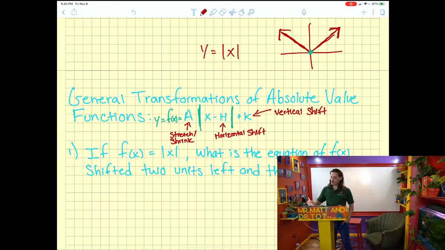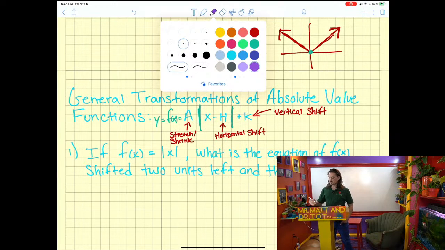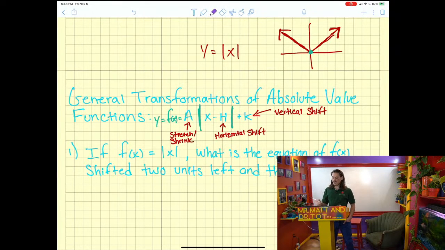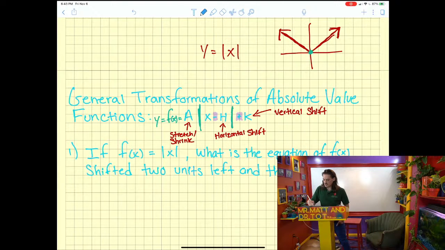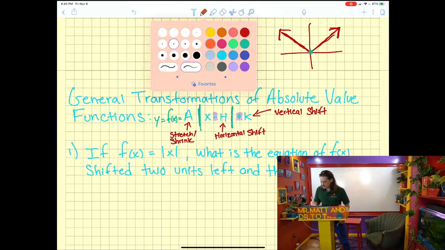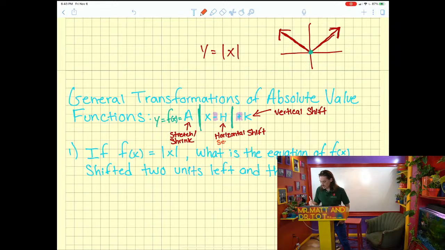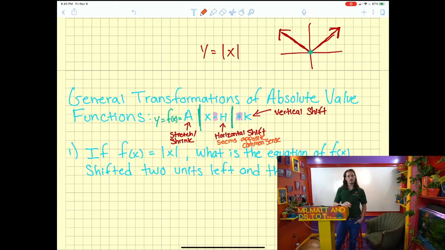Now, the thing to really watch out for, and which gets a little bit confusing, is that in this function format, notice that h has a negative sign next to it, but k has a positive sign next to it. The implication of that is that the horizontal shift, the h value, seems opposite common sense. Obviously that is not a mathematical term, but it helps me remember what's going on.